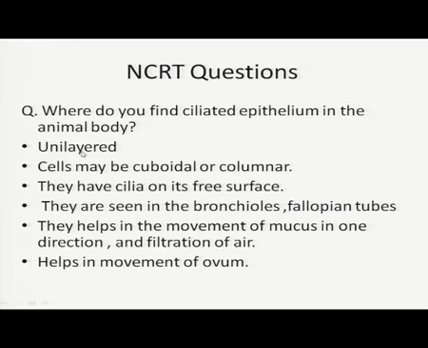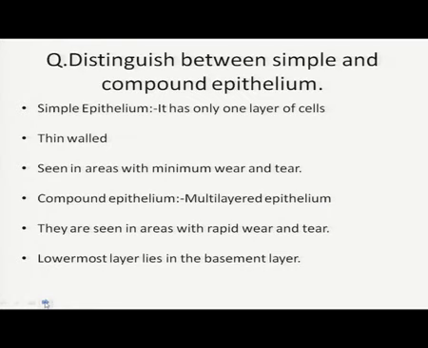So, unilayered, and here, where do you find the ciliated epithelium in the animal body? It is present in the bronchioles as well as in the oviduct or fallopian tube.